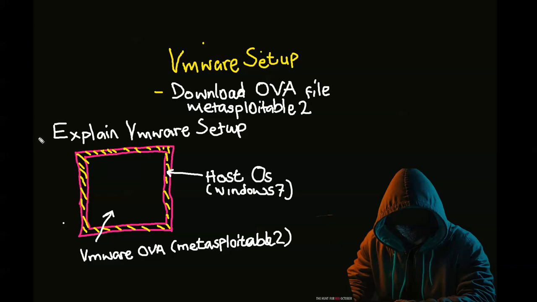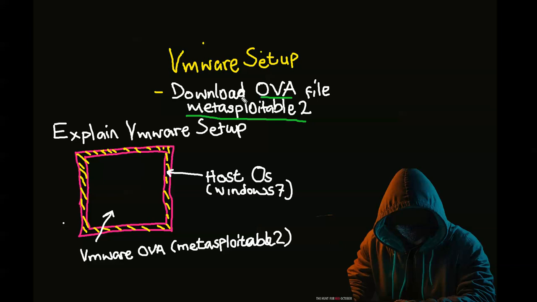what is happening. In the first instance, we have downloaded the VMware setup and we need to download a file with an extension of OVA. Now, this OVA file is a compressed image of an Ubuntu operating system called Metasploitable2.